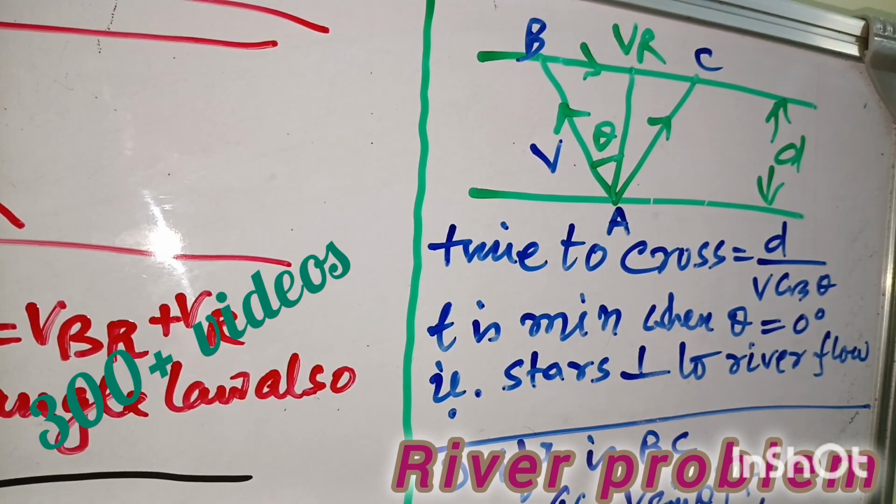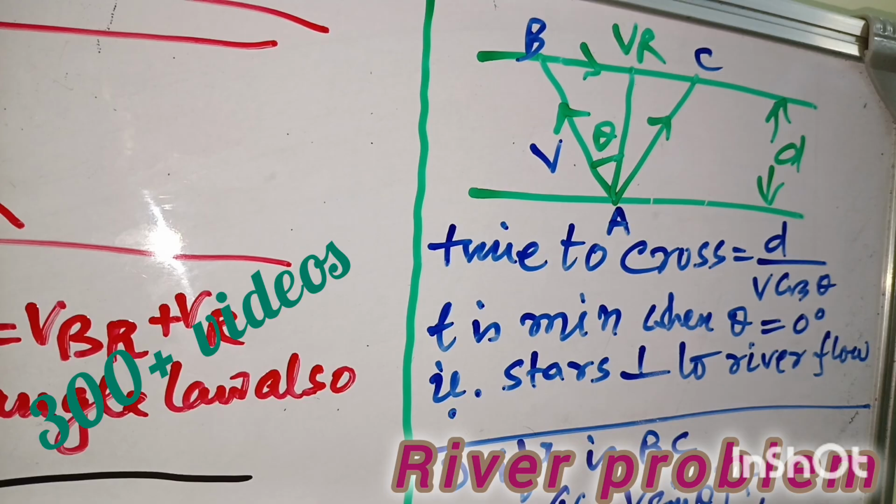Now this t is minimum when the denominator is maximum, means cos theta is 1, means theta is 0 degree. That means it will take minimum time when it starts perpendicular to river flow. But mind it, if it starts perpendicular to river flow, it will ultimately reach a point further along, means it will be drifted.